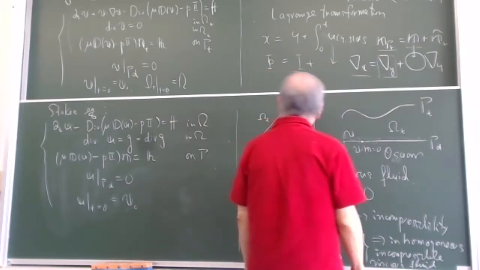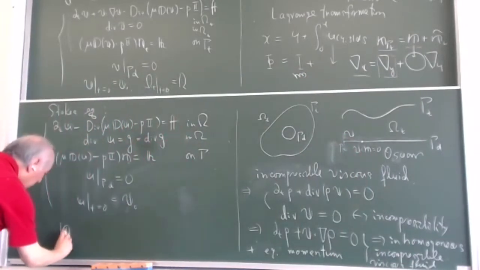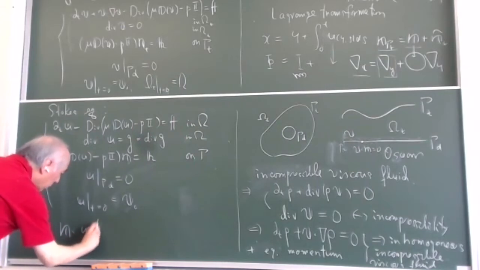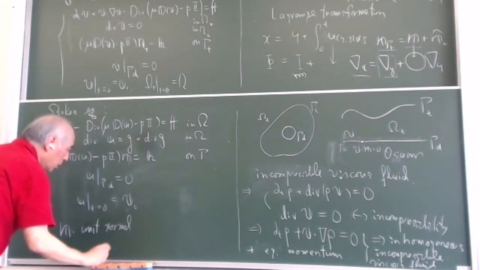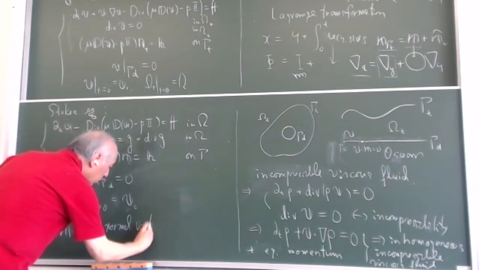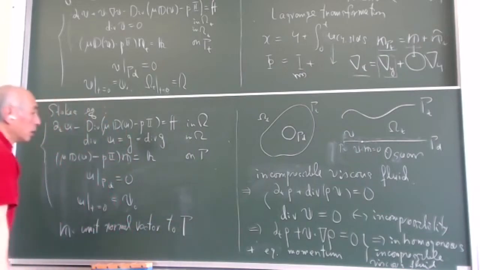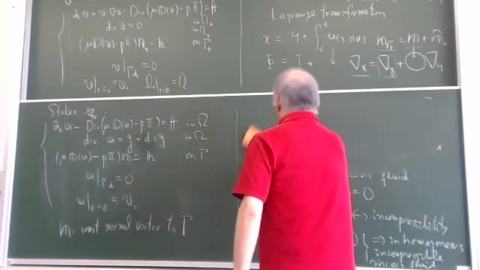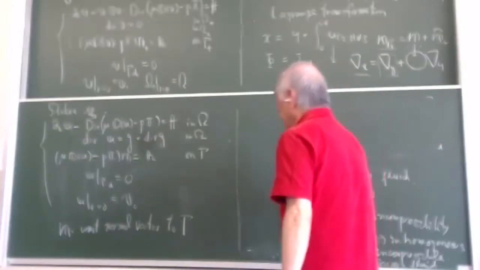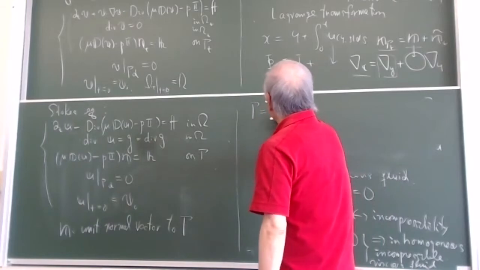And here n is the unit normal vector on gamma, and gamma is just the pullback of this.